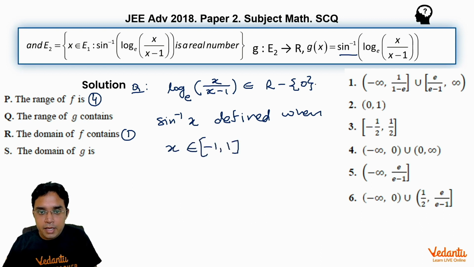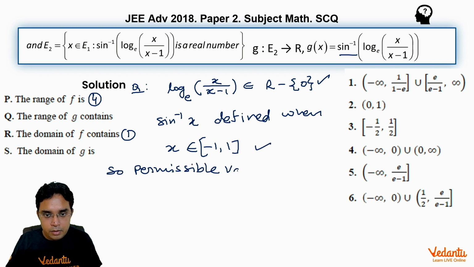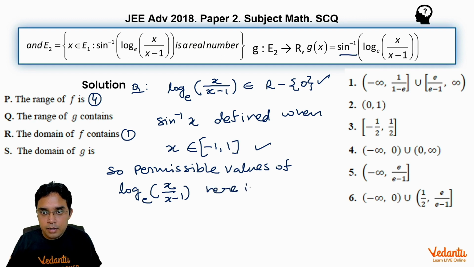So if I take the intersection of this and this, I can say the permissible values of log x upon x minus 1 here in g(x) would be minus 1 comma 1 subtract 0.